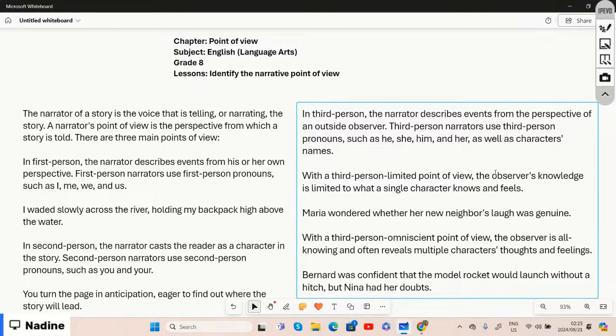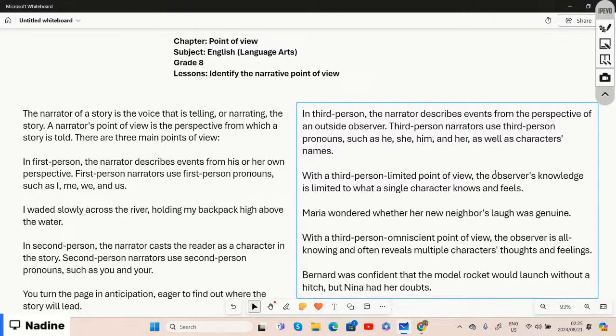But with a third person, it really depends. It can vary, because within a third person, the narrator also describes the events from the perspective of an outsider's view. The narrator uses third person pronouns such as he, she, him, and her, as well as giving the characters names, but you don't make it more personal.